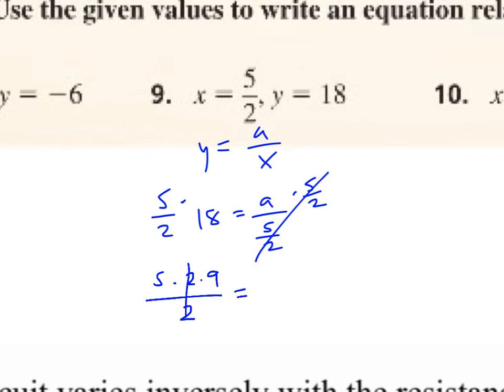So this is actually just 5 times 9, so that would give us 45. So 45 is equal to a. Or you could do 5 times 18 divided by 2 in the calculator. You get the same thing.